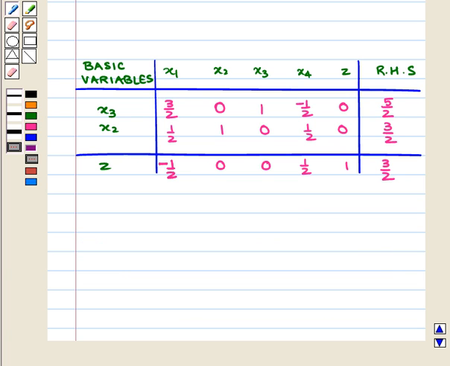Now here we have minus 1 by 2 as the negative number in the bottom row. So we choose x1 as the entering variable, and it is the pivot column.